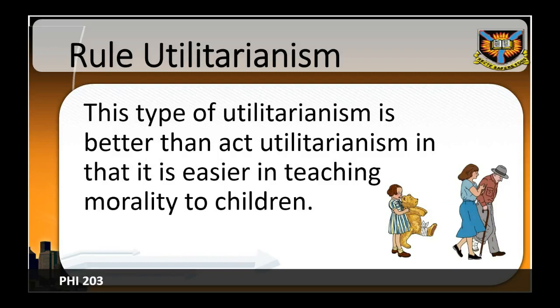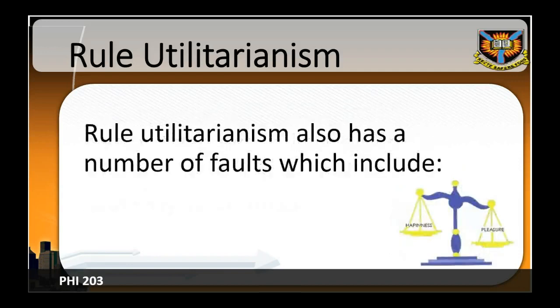On the other hand, it saves time because it is easy to remember a rule like "thou shalt not kill," while it is not particularly easy to calculate the likely consequences of an action each time we urgently need to make a moral decision.